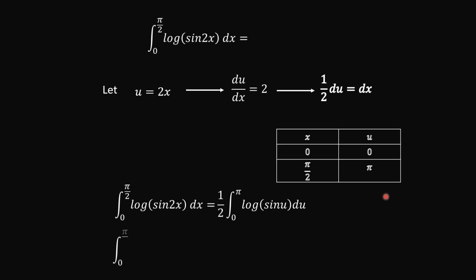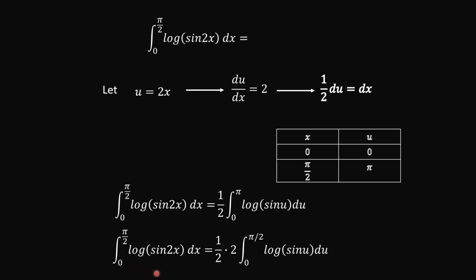Okay, and then again, since we know sine to be symmetrical about u equals pi over 2, the limit of 0 to pi can be divided into two subsections.